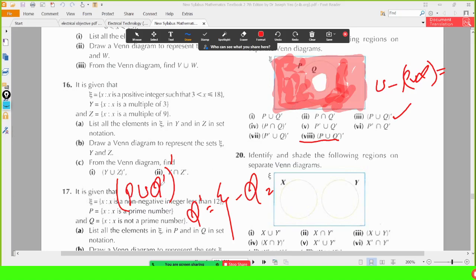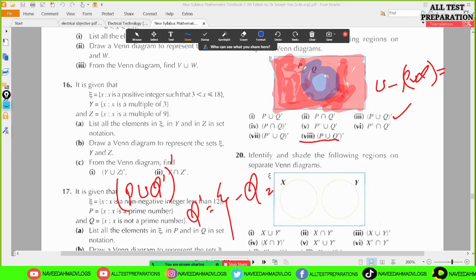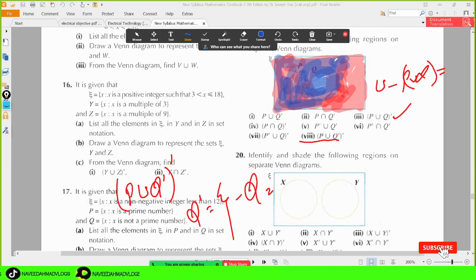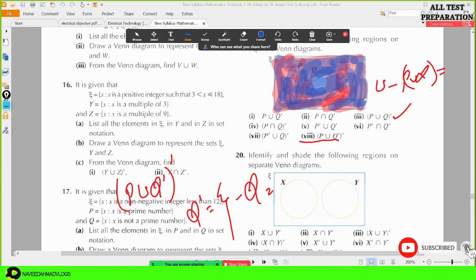Then P union Q bar will be this region, all of it, because this is union, so all elements of Q bar and all elements of P will be included.